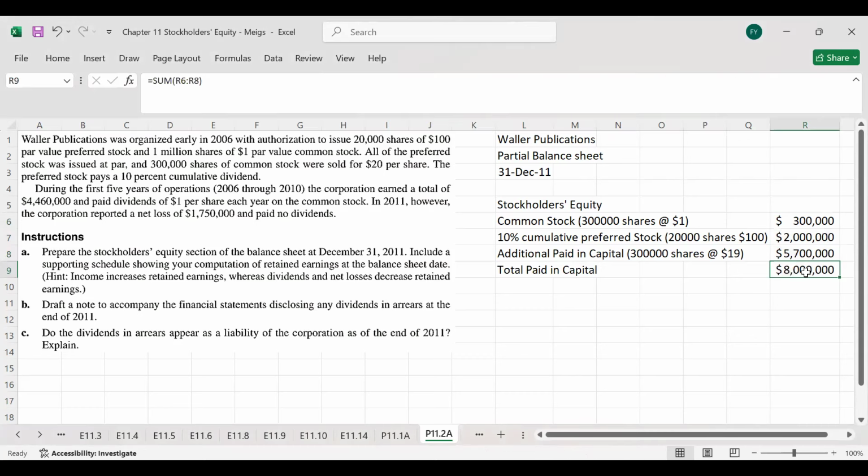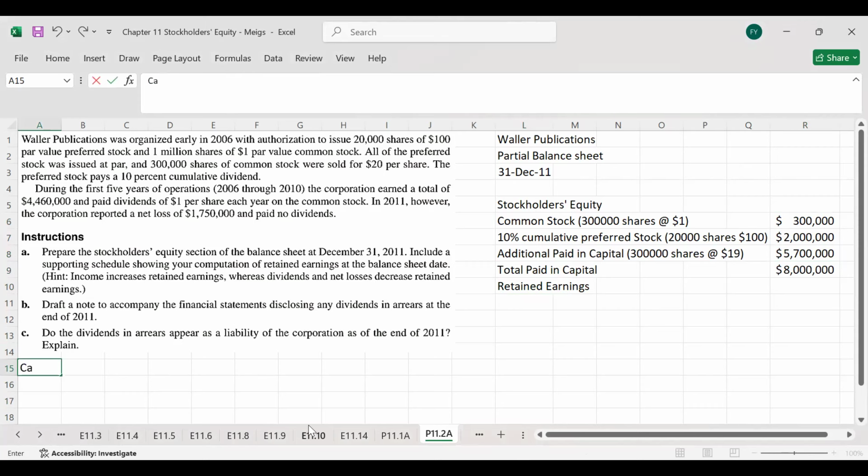So this 8 million represents total paid in capital, and we will add retained earnings to get the total stockholders' equity. For retained earnings, a separate calculation is required, including a supporting schedule.